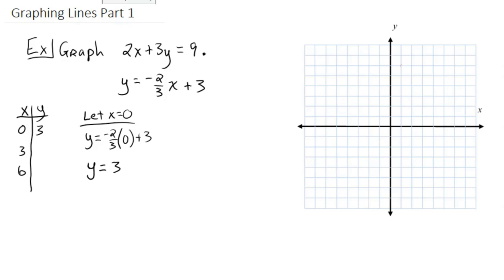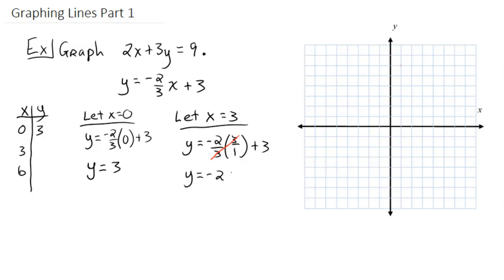Okay, now we'll plug in the 3. On this one, I went ahead and plugged in the 3 over 1, to emphasize that my 3 was in the numerator, and then that cancels off my denominator in the 2/3, leaving me with negative 2 plus 3. So y equals 1. So now I have the ordered pair 3, 1.